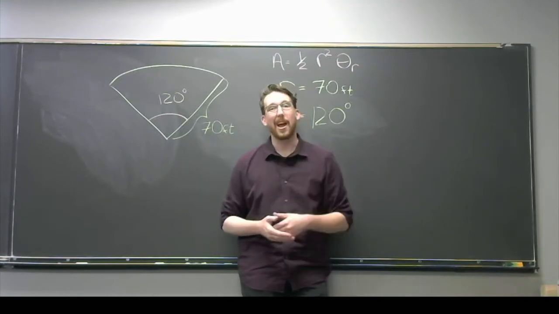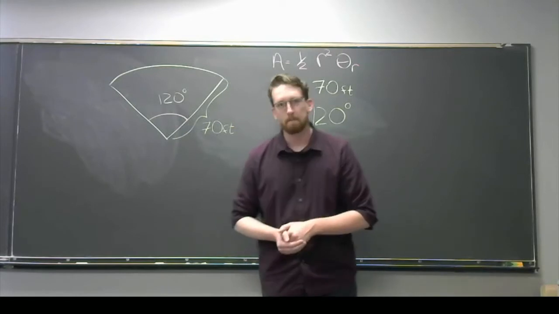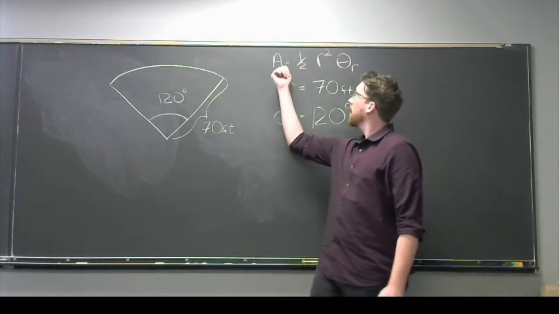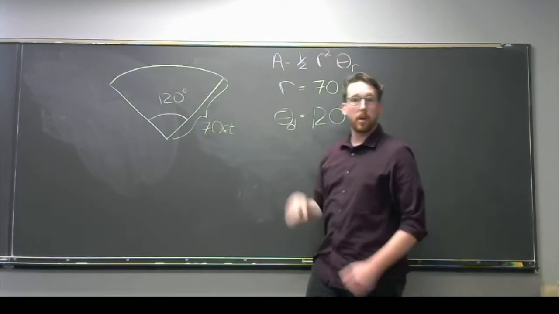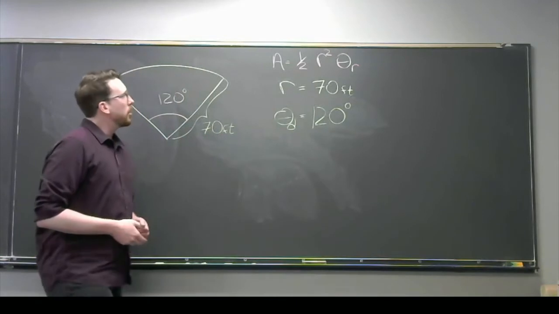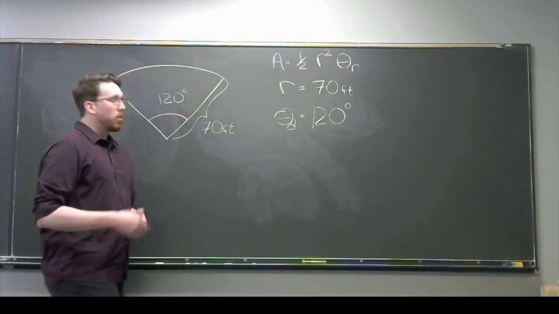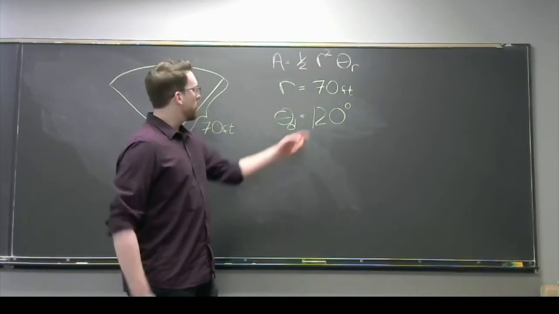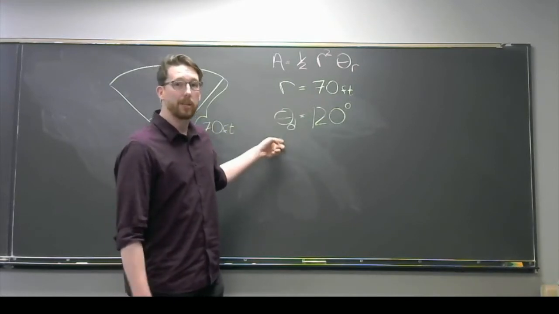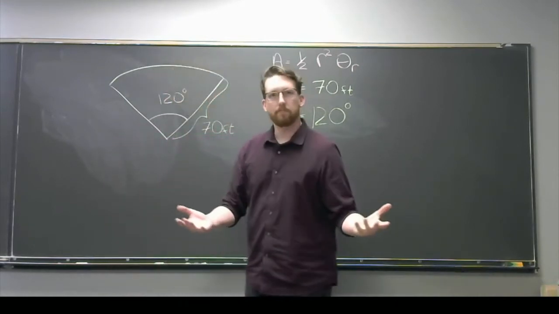How are we going to do that? How are we going to find that? Well, we're going to apply that area formula that we were talking about just a second ago. We know in this problem what the radius is, right? And we know what the angle is, so we can just throw everything in, right?